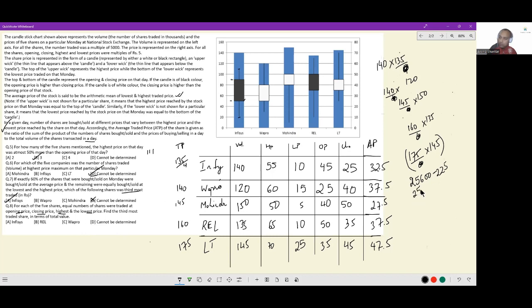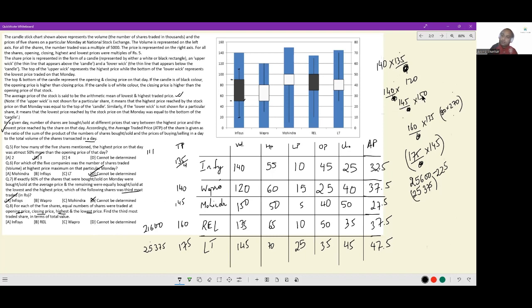So 25375. This is for LT. Now for 160 into 135, this is difficult to pull off, but 80 into 270 is easy to do. 8 into 27 is 3 cube into 2 cube is 6 cube, so 216 followed by 2 zeros. For Reliance, we know this.